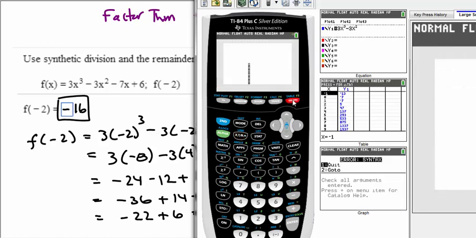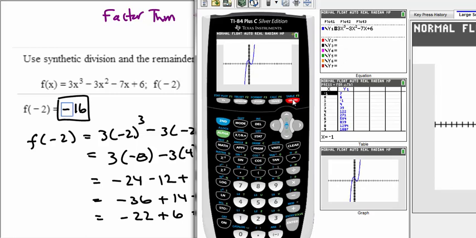Now if you want to graph this you can, but really we're more interested in the table. But let's go ahead and have a look at this. Okay, there's our third degree polynomial. Now let's go ahead and go second table, and I want to look at -2 here. That's specifically what I'm interested in.